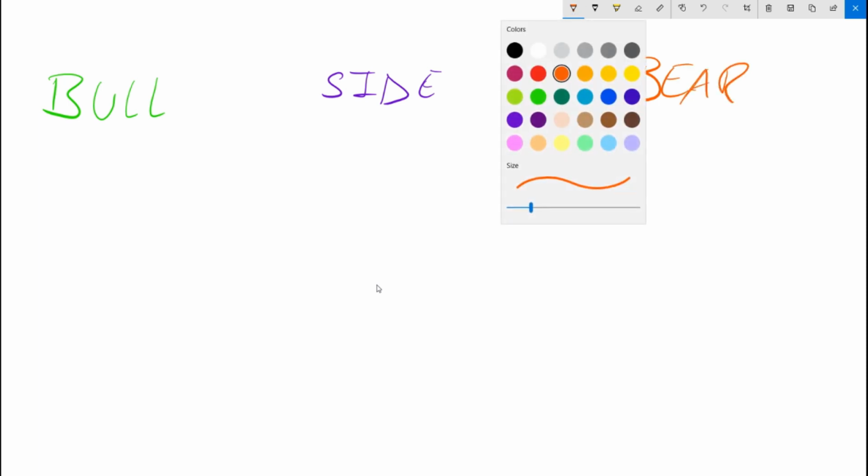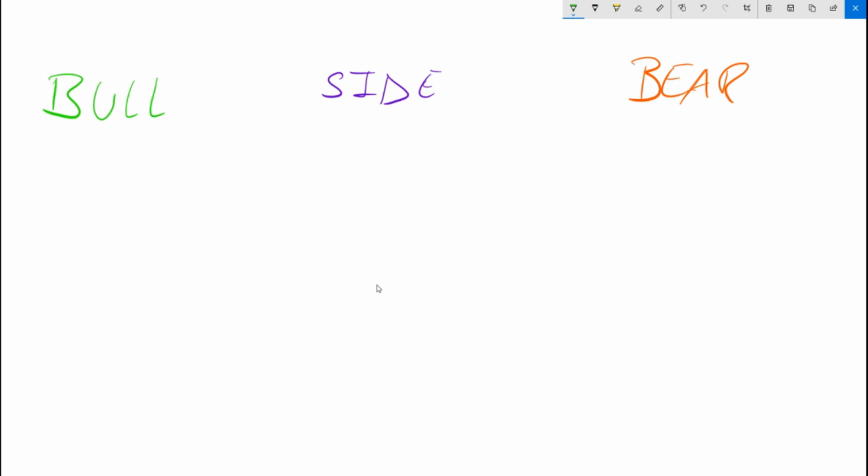Now what happens is, when the market is going up, the market has to face a bunch of lines or zones. It's better to consider them as zones than lines.